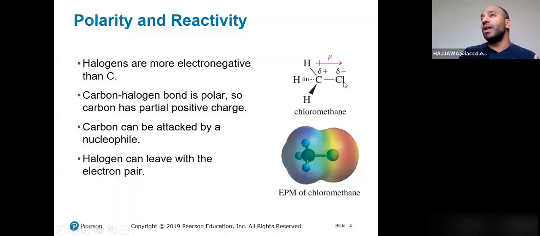So in those nucleophilic substitution reactions that we're going to look at later on today, we will always see that a nucleophile comes in and attacks the alkyl halide on the carbon side of the C-X. And since the carbon cannot accommodate more than 8 electrons shared, the halide will be the one that's leaving, taking along with it the 2 electrons that are bonded between the carbon and the halide.